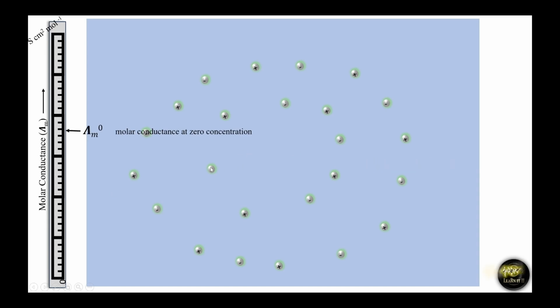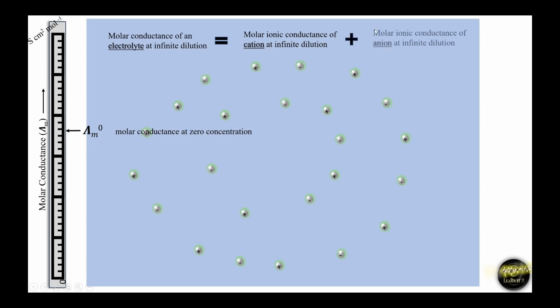That's why the molar conductance of an electrolyte at infinite dilution is equal to what? There are ions, that is cations and anions. So it is the molar ionic conductance of cation at infinite dilution plus the molar ionic conductance of anion at infinite dilution.